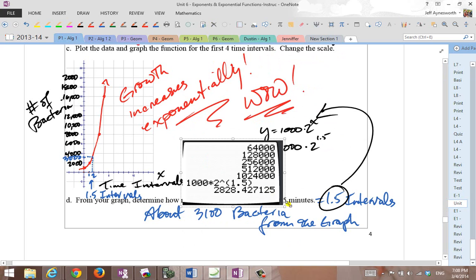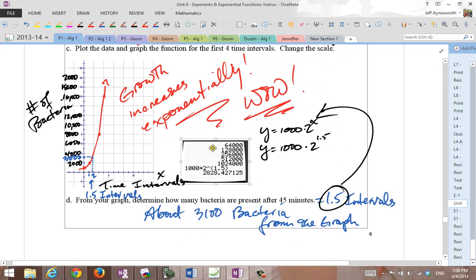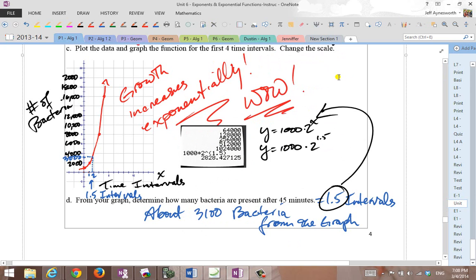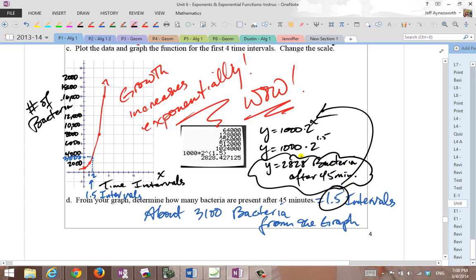So we have that from the calculator, about 2,828, so y equals 2,828 bacteria after 45 minutes. Let's record that. Pretty cool. I did it using the function, but I also did it using the graph, and there's my approximate. And I got a better indication after using the function.